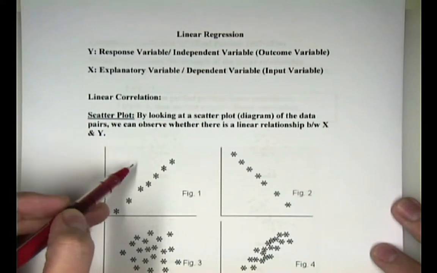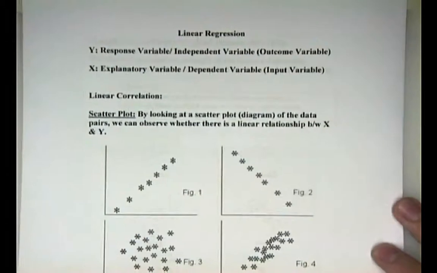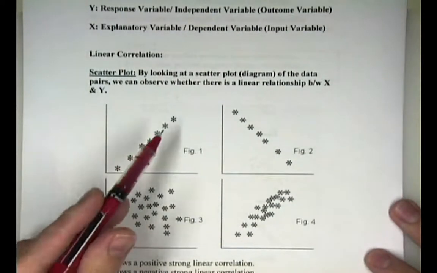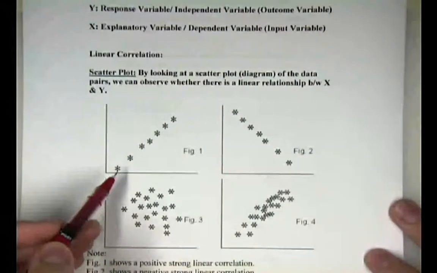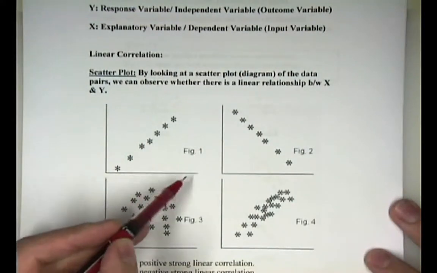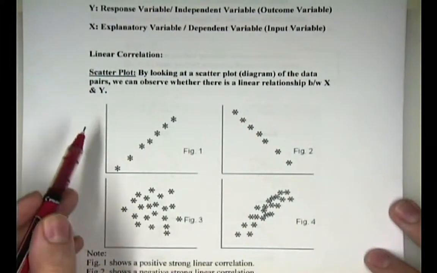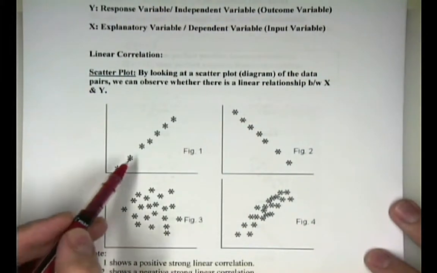One way you can see if two variables have a correlation is through scatter plots. In figure 1, this looks like a pretty straight line, doesn't it? What we've done is we've plotted the x on the x-axis and the y's, the outcomes, on the y-axis. And we have these dots.